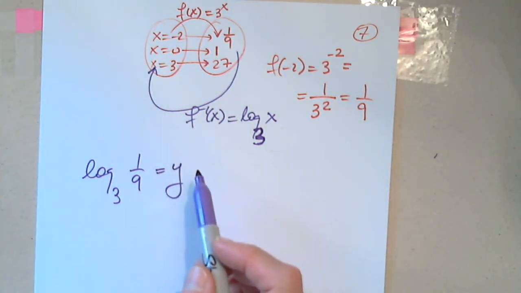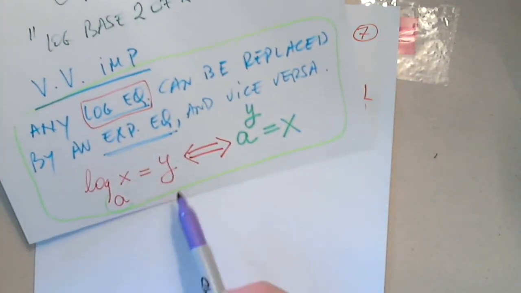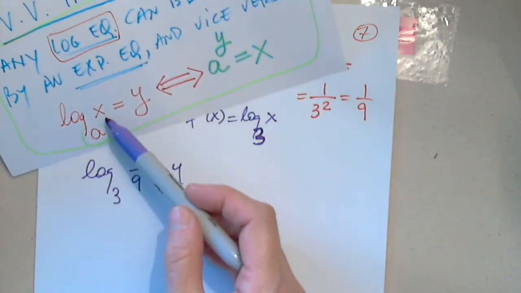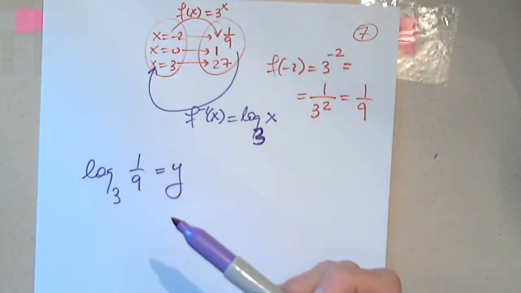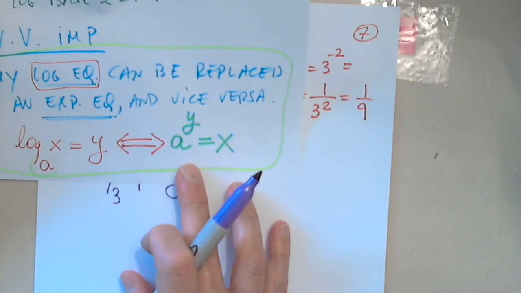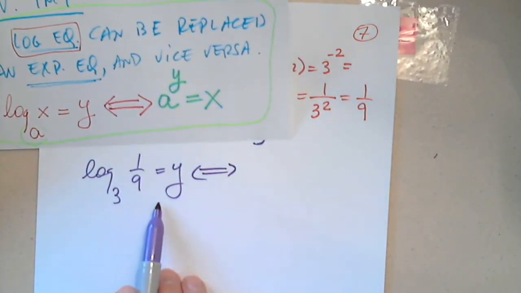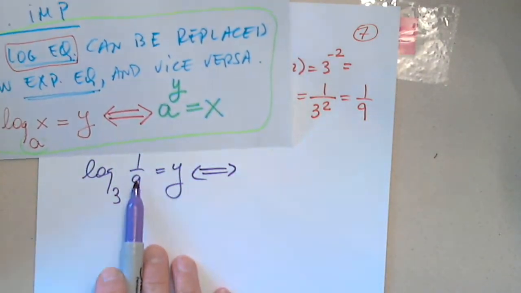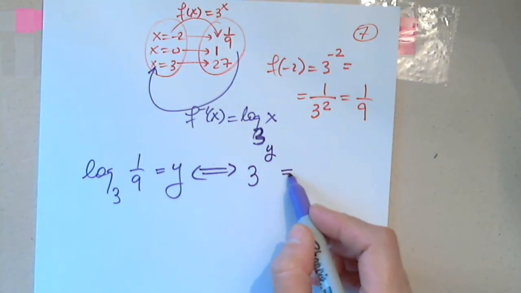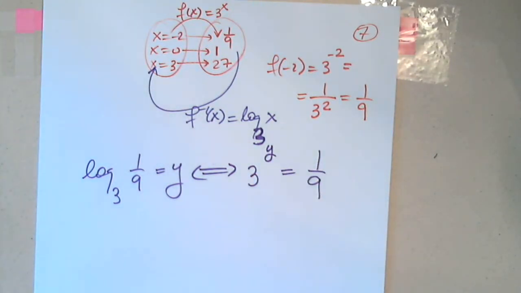So that's my left-hand side of the double equivalency: log base 3 of 1 over 9 equals y. I have no idea what this is, but I know how to convert it: 3 raised to y equals 1 over 9. So now can we figure out what y equals?